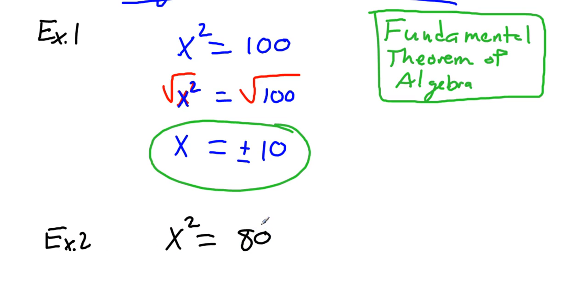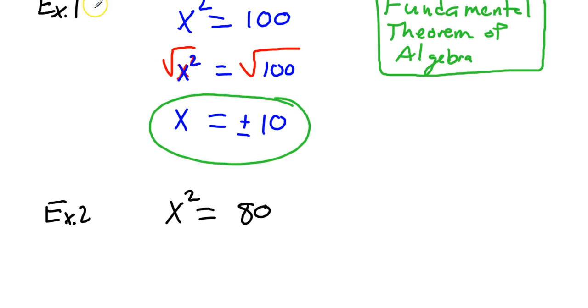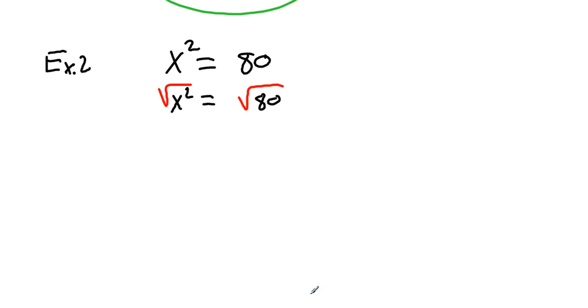So you have x squared equals 80. So square root both sides. And with the 80, that's the part that you'll have to break down. Again, you can break it down all kinds of different ways. You could do 2 times 40, you could do 10 times 8, all kinds of different numbers.